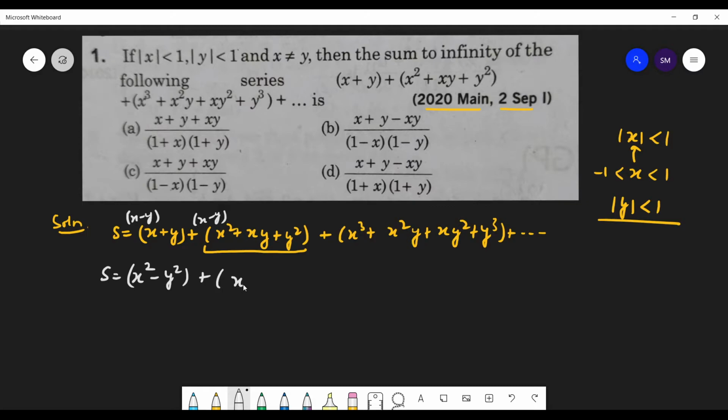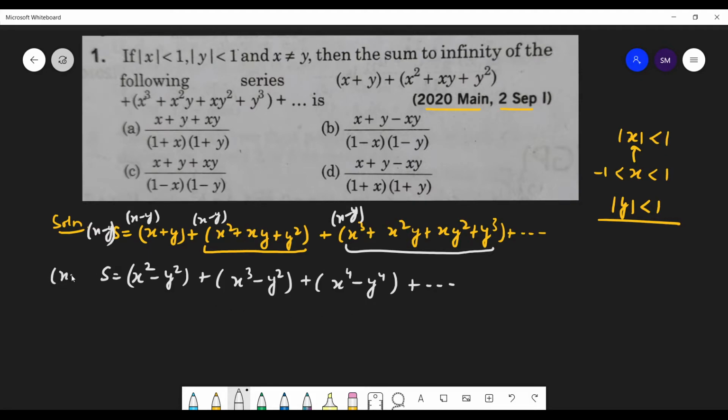And by symmetry you get x4 minus y4. Now we can separate the x and y terms.